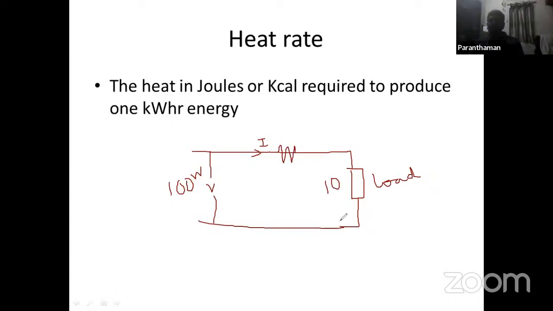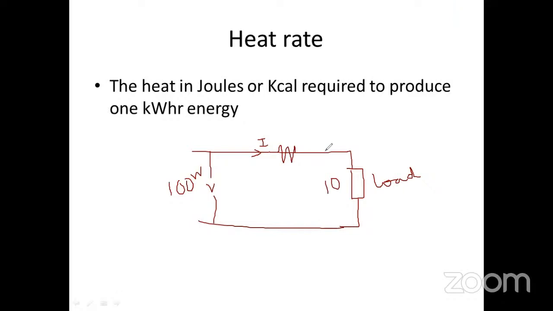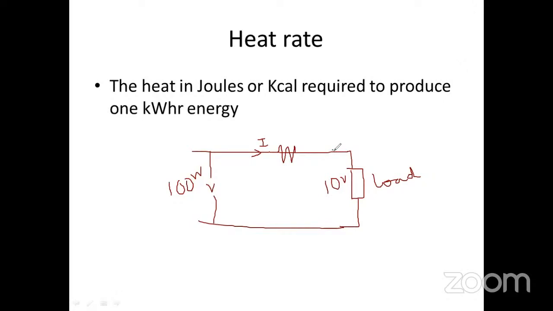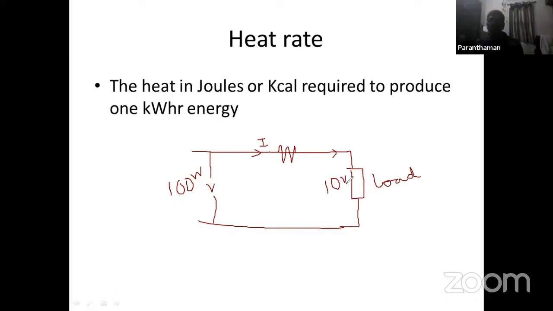Forget about the line resistance. If the voltage is 10 volts, what will be the current? 10 amps. Right, sir? In the first case, it is 10 amps.